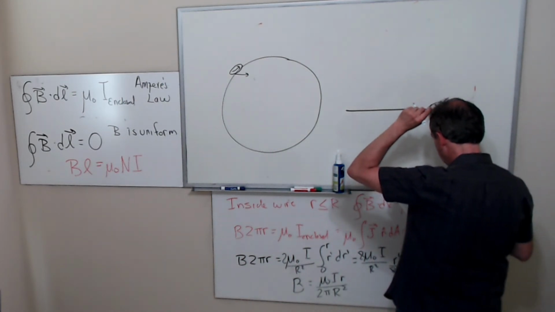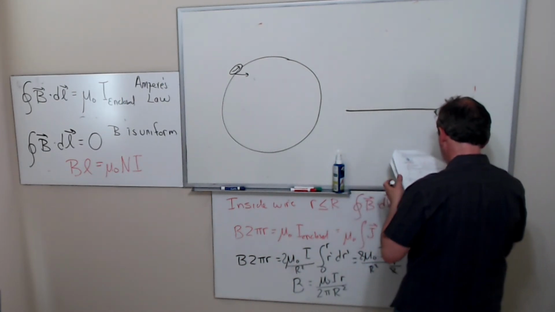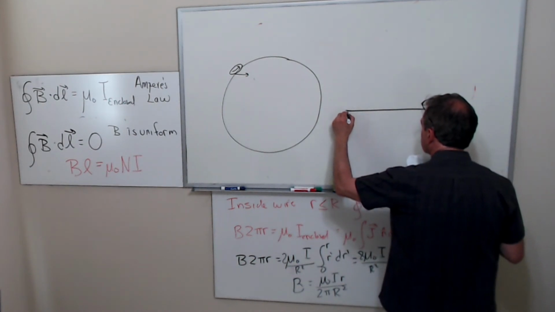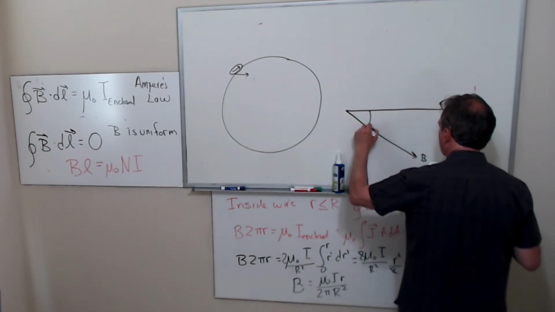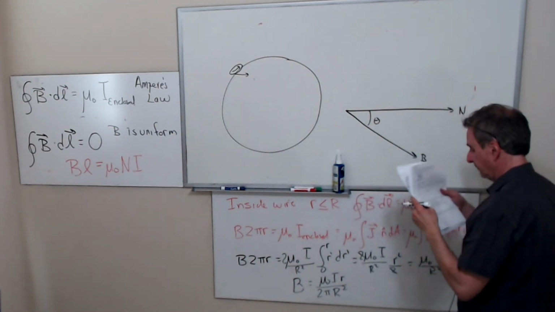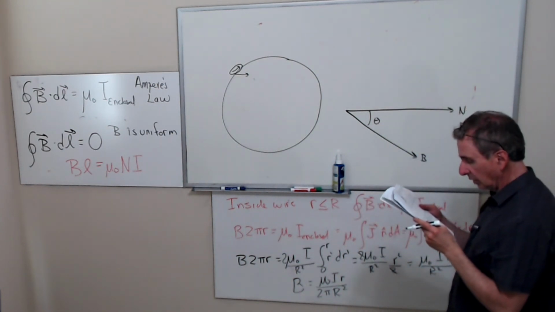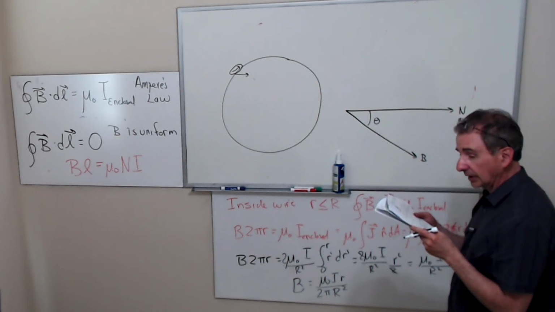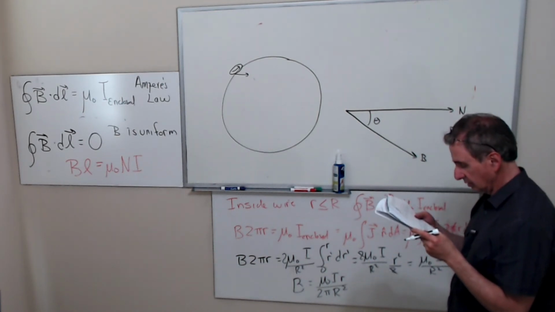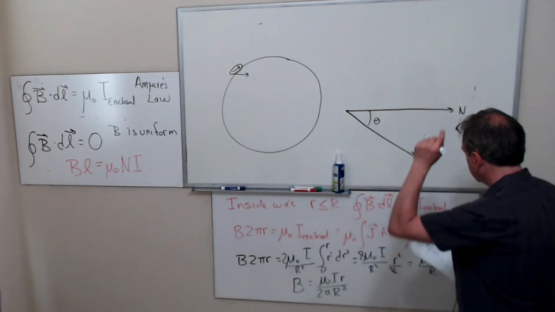Okay, so the magnetic field points this way. You want to find the orientation that gives the minimum potential energy for the compass needle.